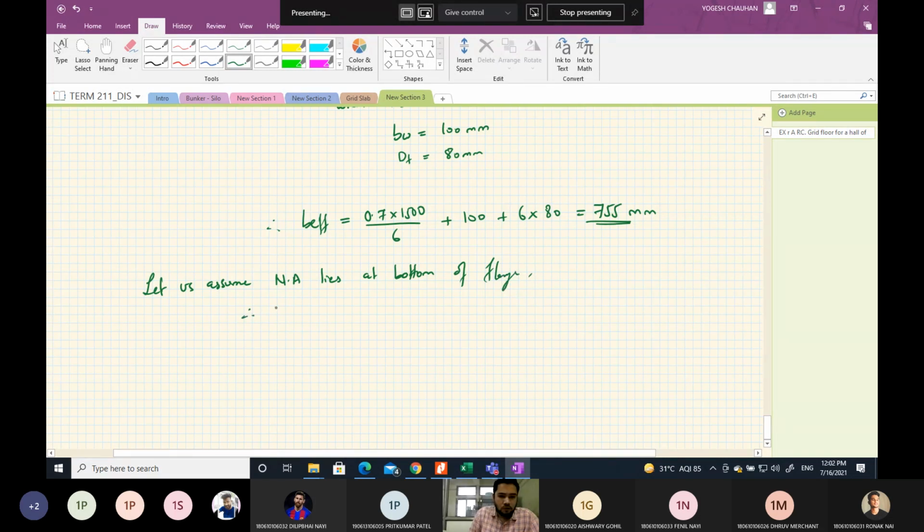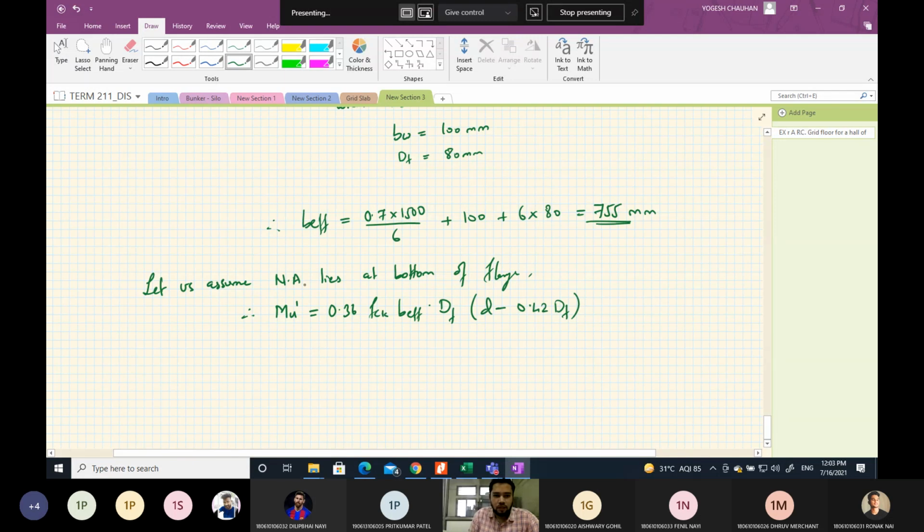Therefore, Mu dash will be equal to 0.36 fck times the effective flange width, Df, into d minus 0.42 Df. Same formula we have used in previous case.